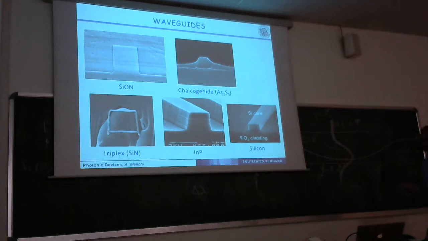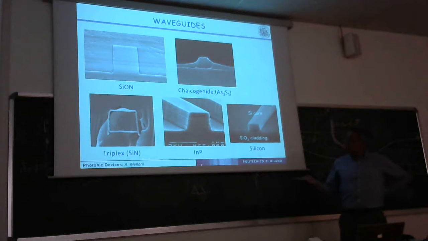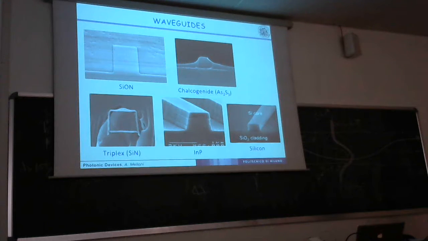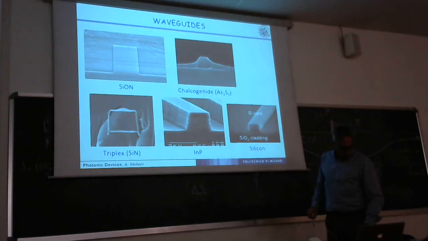And this is another waveguide, and the shape of the waveguide really depends on the technology on which you build the waveguide. So you typically start, you will see next week, from a substrate, and then you deposit the material, then you etch away what you don't need, and then you cover, etc. And you can have just one process, or in this case, 3 different depositions and etchings and so on.